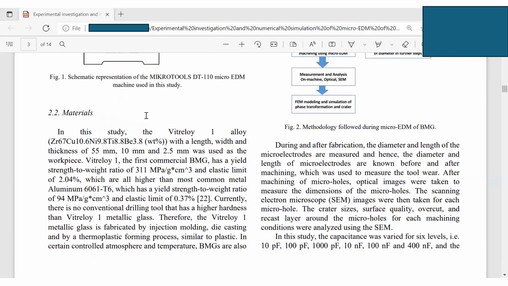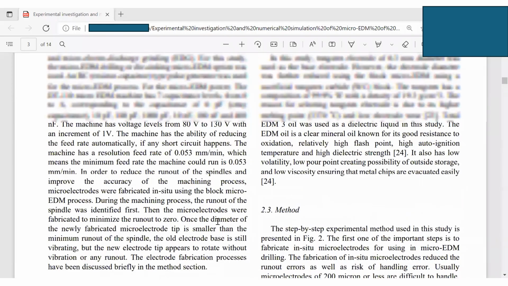The material in our case is zirconium-based. This BMG is currently on the market, and there are several different kinds of BMG, but this BMG is what we use in our research.